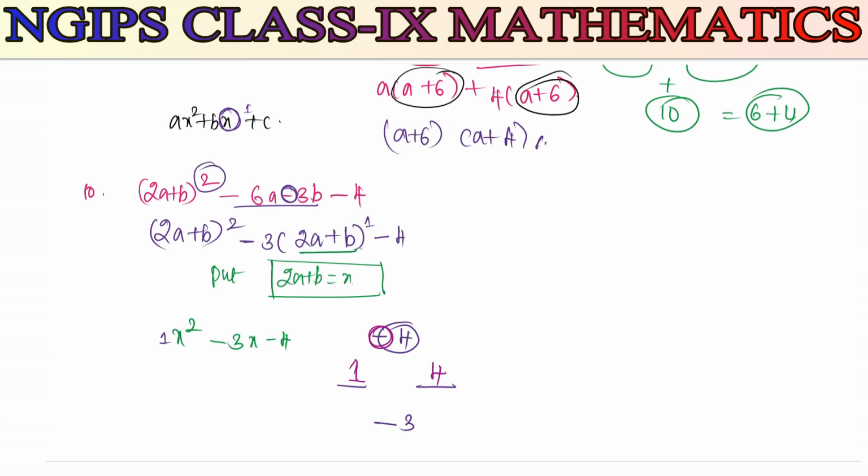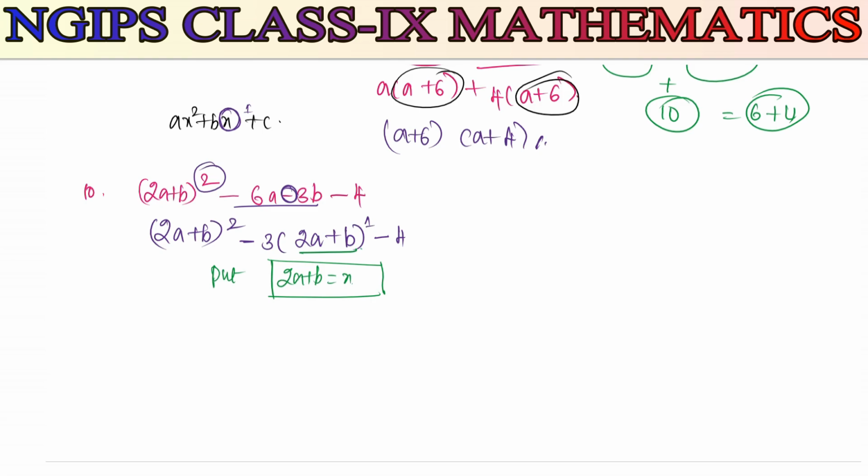You have to check the middle term, what sign we have. It is a minus, so you have to give the negative sign to the biggest number.